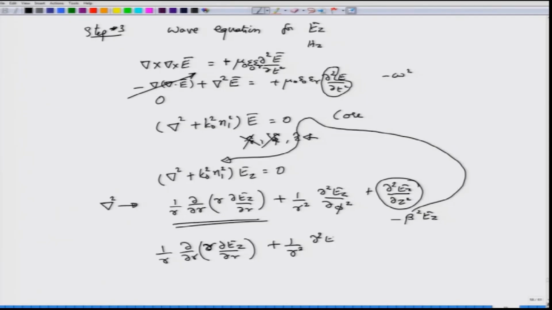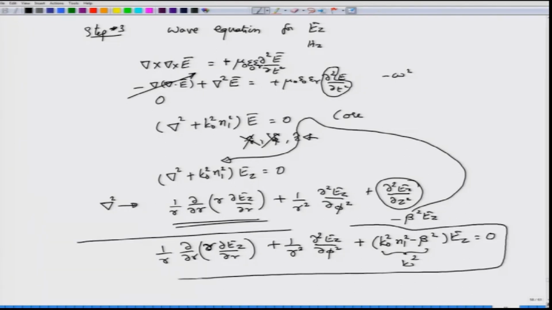And then you have del square Ez by del phi square plus k0 square n1 square minus beta square, which as we have described can be rewritten as kappa square. I will do that substitution later on. But now it is k0 square n1 square minus beta square times Ez, which is equal to 0. This is the wave equation that we need to solve if we want to understand how Ez depends on the coordinates r and phi.